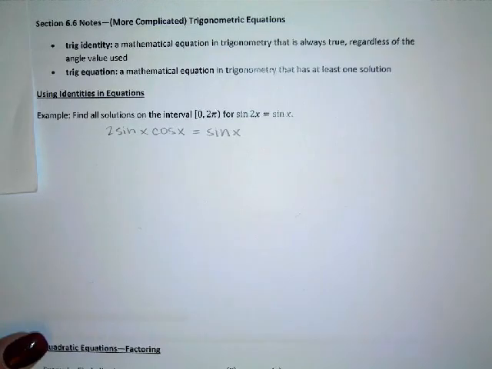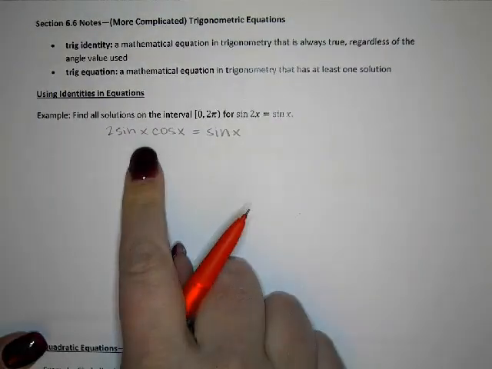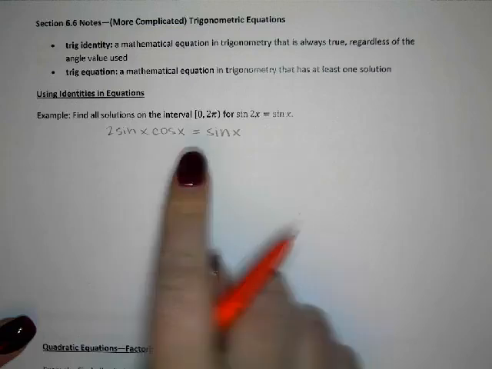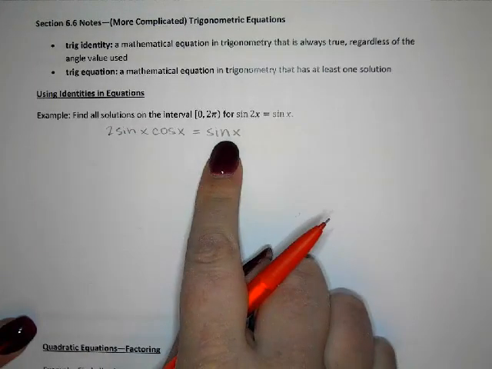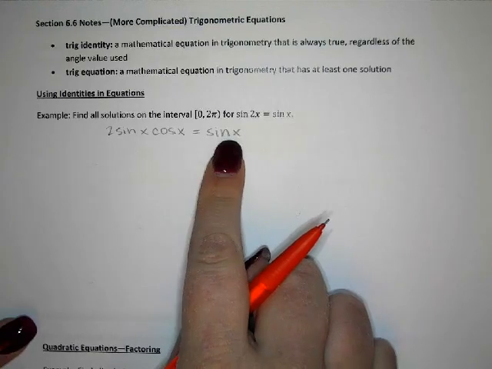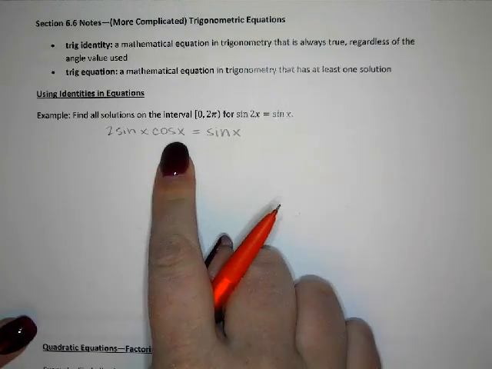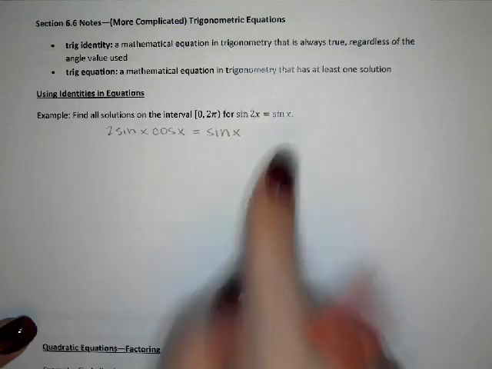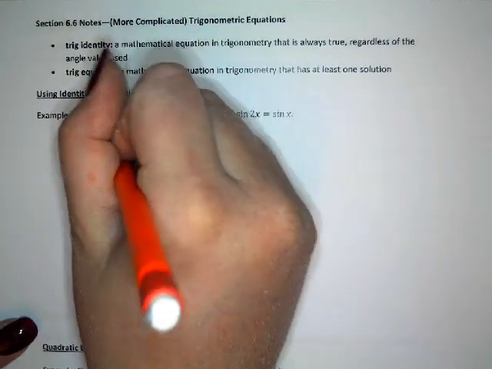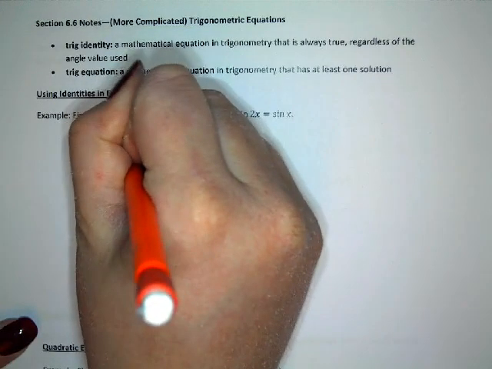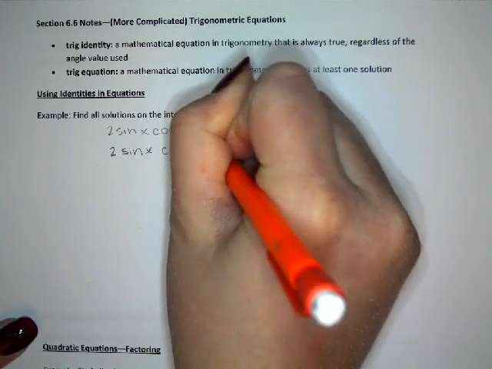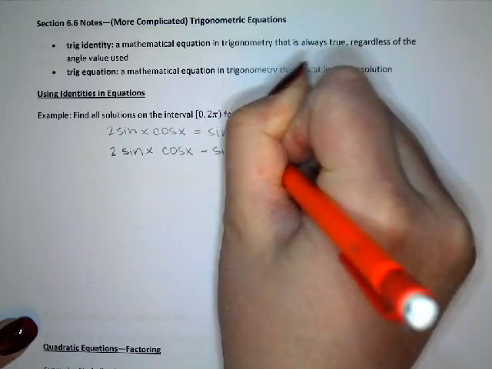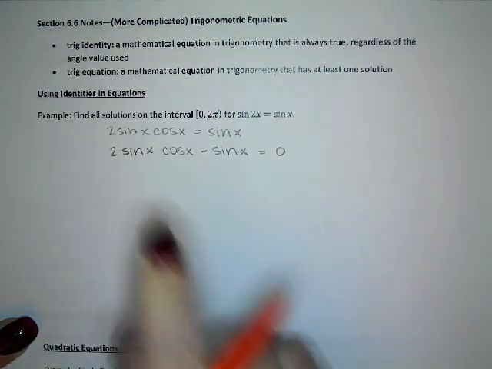At this point, this is kind of like a factoring problem where we have 2 variables on the left side and 1 variable on the right side. So I'm going to go ahead and subtract the sine x over to the left side, and I'm going to make the whole equation equal 0. So I have 2 sine x cos x minus sine x equals 0.